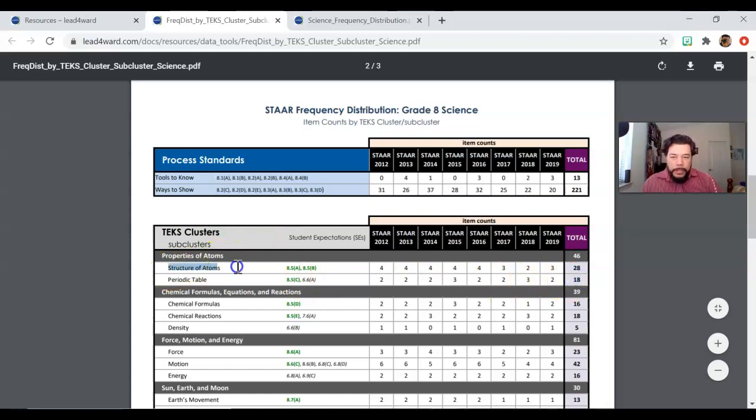So if I'm going through this and I'm trying to figure out which are my areas of importance, well, structures of atoms really jumps out. So that would be something I really want to make sure that my kids have a firm grasp on. For 8th grade, in this first marking period, properties of atoms and chemical formulas and equations and reactions are going to be the main focus.